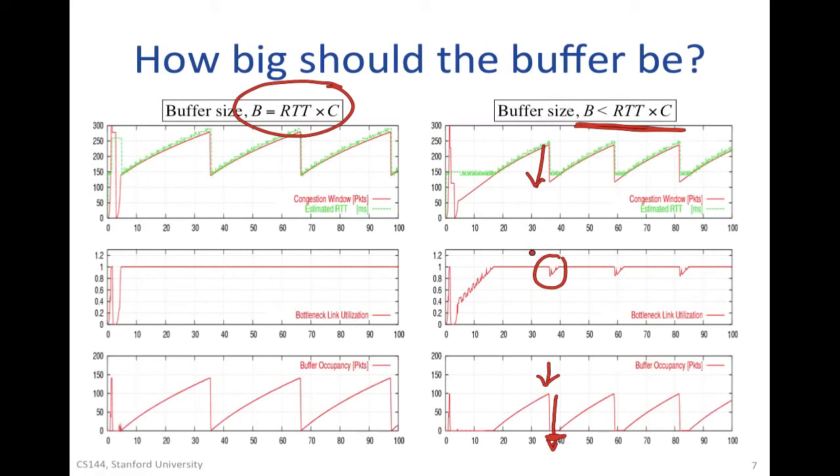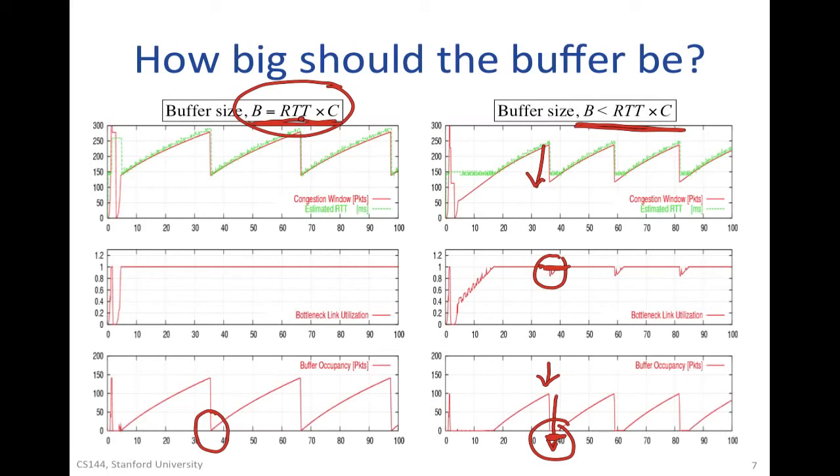So if we want to prevent this from happening and have 100% at all times, we need to make sure that the buffer never goes empty, and we need a behavior like this, from which we need a buffer of RTT times C. Now, why it's specifically RTT times C, you'll see in a problem set a little bit later.